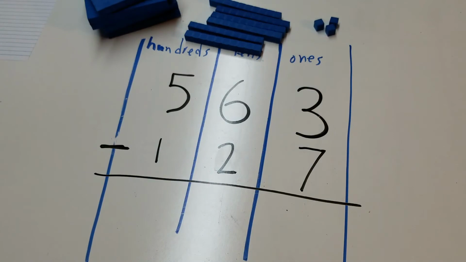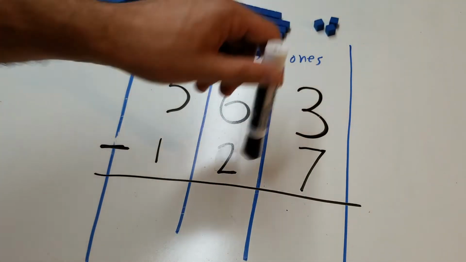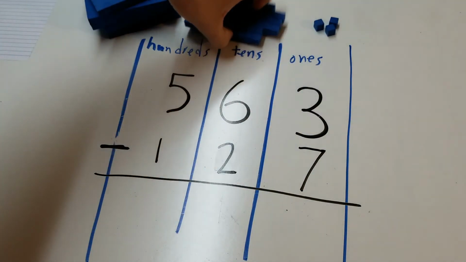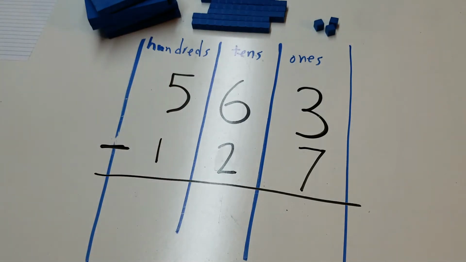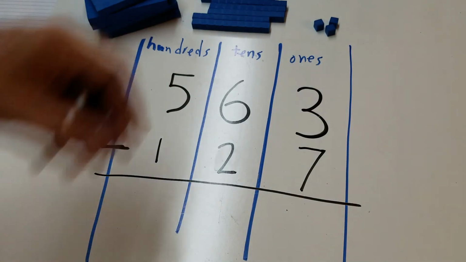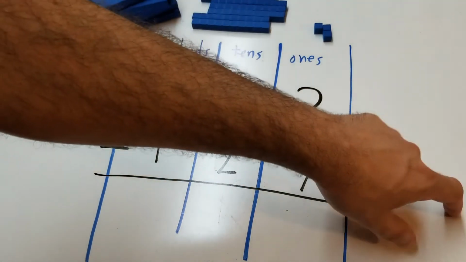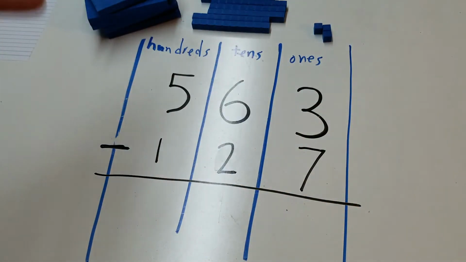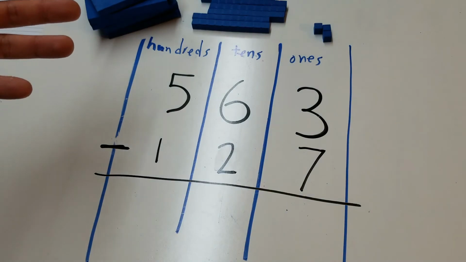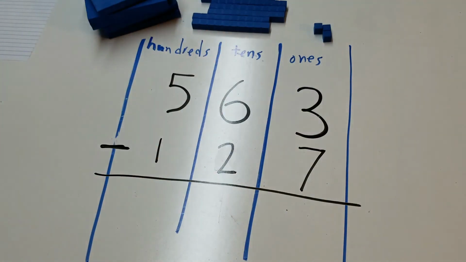What we need to do is somehow make this number bigger so that I can take away 7. And when I use the base 10 blocks, it becomes really obvious what I need to do. If I want to put 7 of those into my takeaway pile, I've got to get some more of them. Can I just add a bunch? No, I can't just add a bunch.